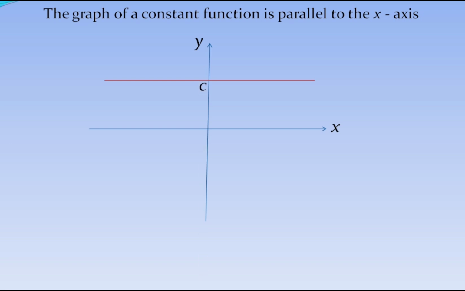You see that the line and the x-axis are moving in the same direction. In that matter, we can say that it is parallel to the x-axis. So that is the nature of the constant function. That is the graph of a constant function.